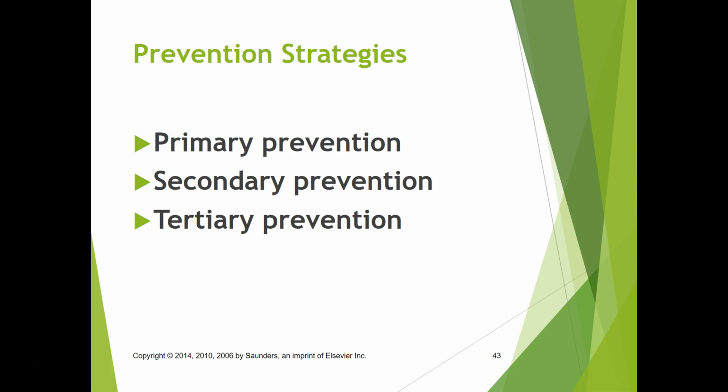Tertiary prevention is when a disease state is permanent, it's fixed, it's not going to change, and it's all of the things that we do to try to keep that person living and functioning at as high a level as possible, taking into account the fact that their illness is not likely to ever disappear.